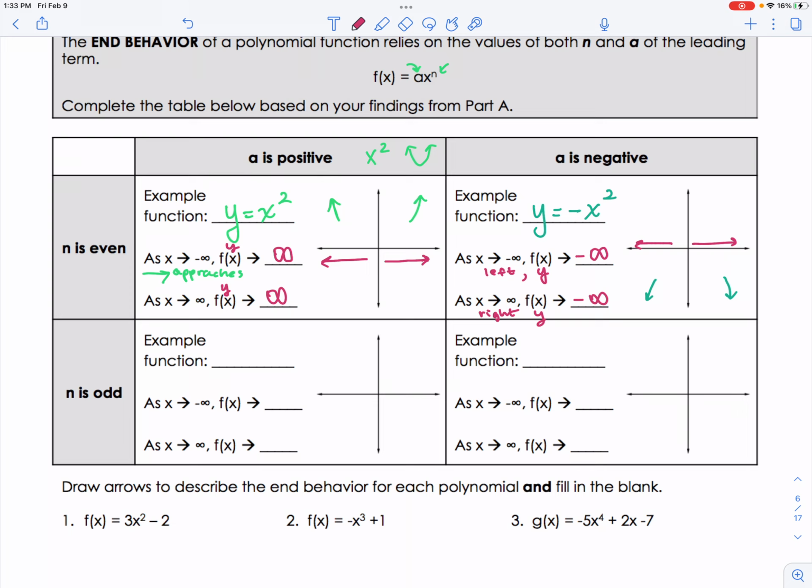The only thing we're guaranteed are the end behaviors. The fact that as x approaches negative infinity, meaning we're going to the left, my y values are going up towards positive infinity. As we go to the right, as my x approaches positive infinity, my graph is going down towards negative infinity.